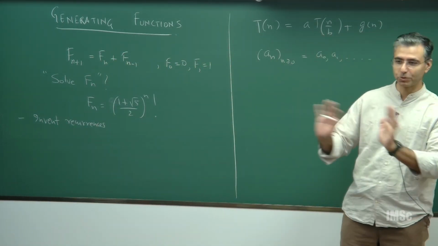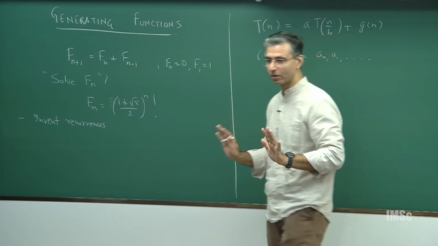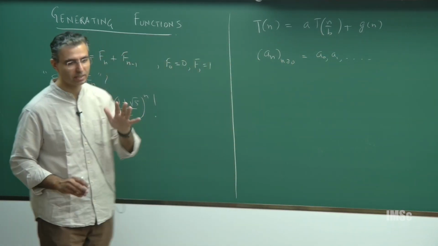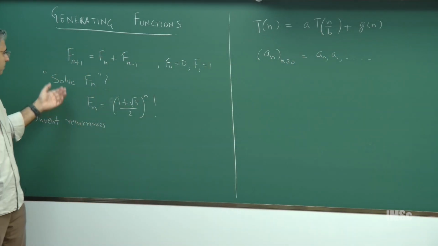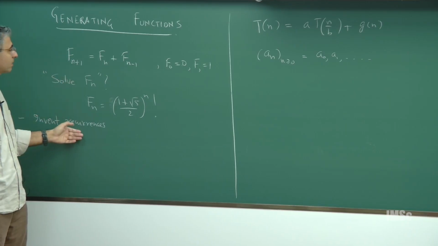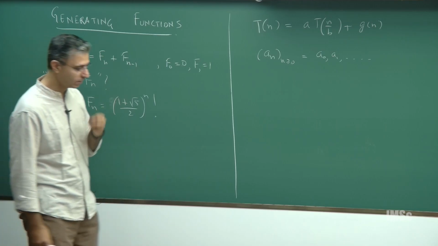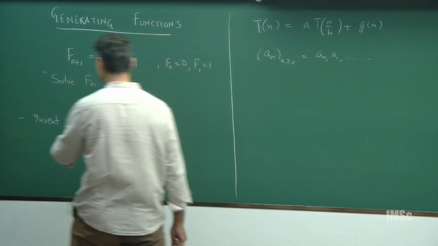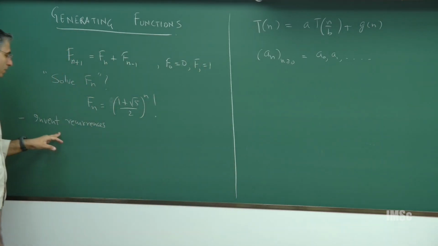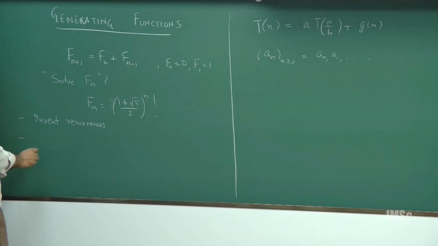If you use your memory carefully, it will be not even polynomial time, a linear time algorithm. So, recurrences are much more useful if you want to compute terms. Okay. So, you may want to invent recurrences. Not only that, you may want to study the numbers themselves. So, the asymptotics.